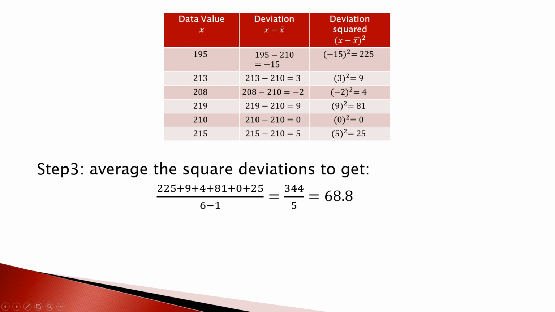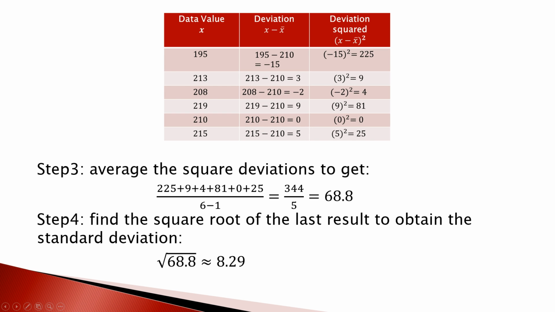Then take the average, of course, using 6 minus 1, not 6. The average is going to be 68.8. Then the last step, step 4, take the square root. We are going to find 8.2. Now, the standard deviation is $8.2, guys.